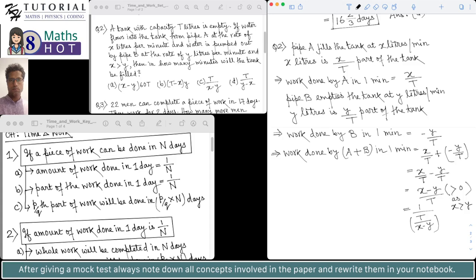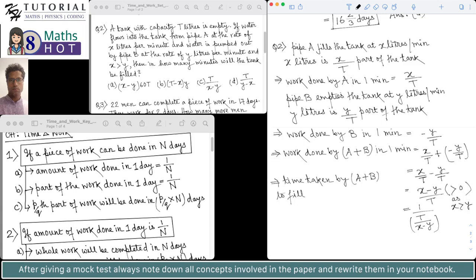So now we can say that the time taken by A plus B to fill the tank, not empty the tank, because the work done by A plus B in 1 minute, x minus y by t, is a positive number.